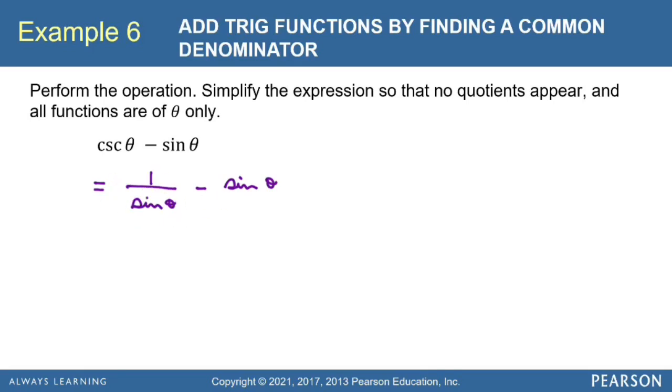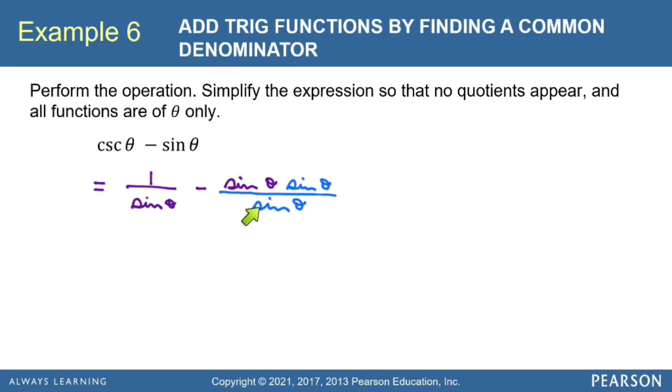So if we need a common denominator, this second term needs to have the same denominator as the first term. So in order to create that sine of theta denominator, we'll have to multiply top and bottom of this term by sine of theta. Okay, now that they've both got the same denominator, I'm going to write them as one single fraction.